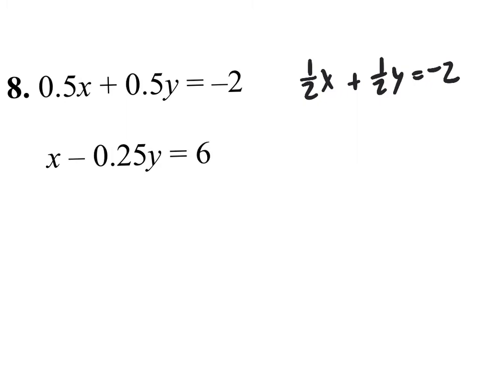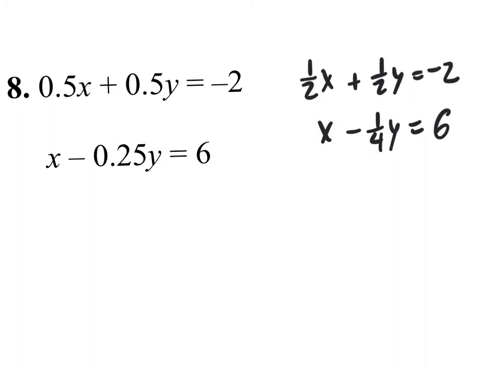The other one has x minus 0.25. Does anybody know what 0.25 is as a fraction? If you don't know, it is 1/4. So that becomes minus 1/4 y equals 6. So all I've done is changed the decimals to fractions.